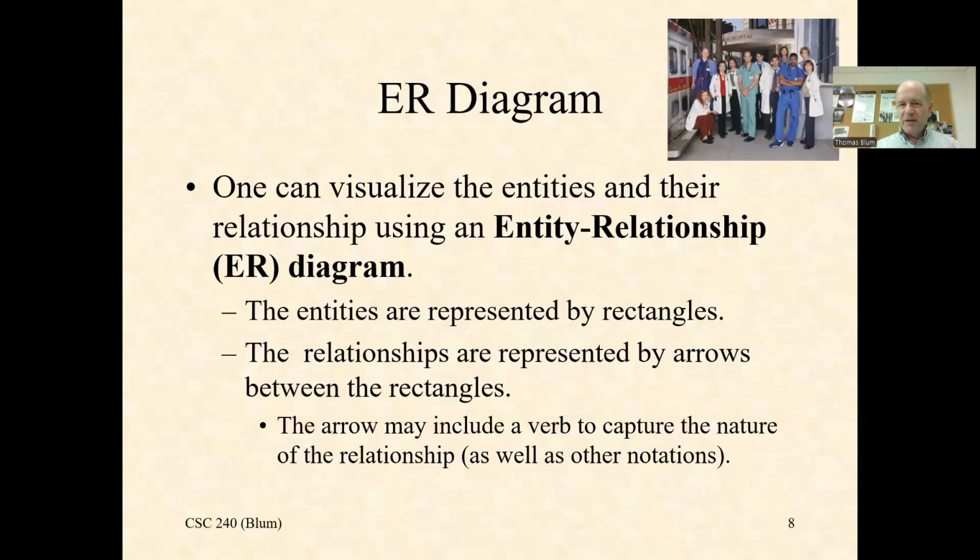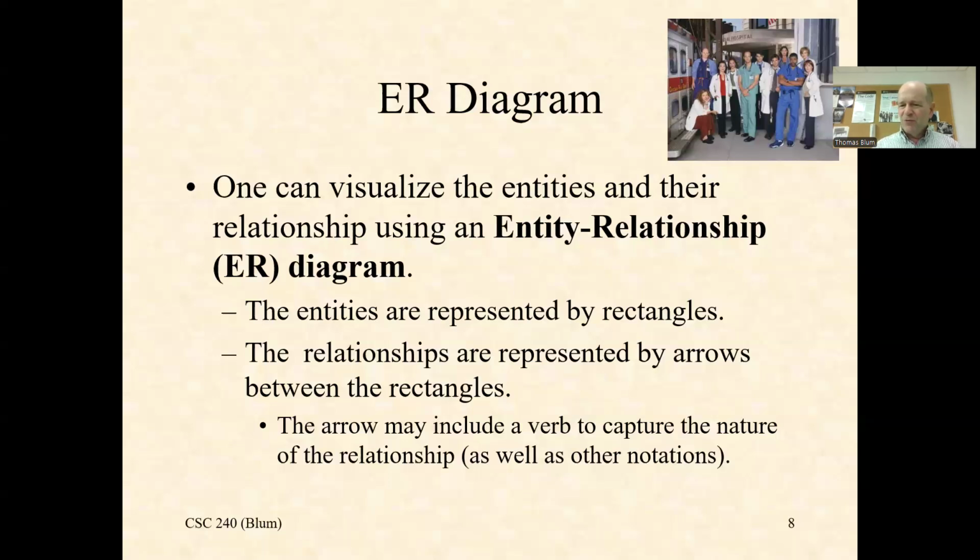The idea that a student takes a course will be represented by a line connecting the student entity to the course entity. This line represents, generically, that students take courses, not that John Smith is taking computer science 152, but the idea that within our database, students take classes.